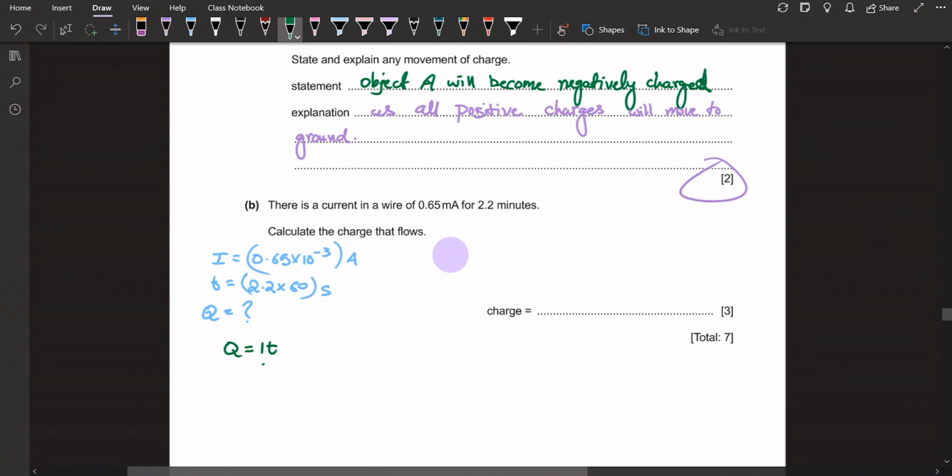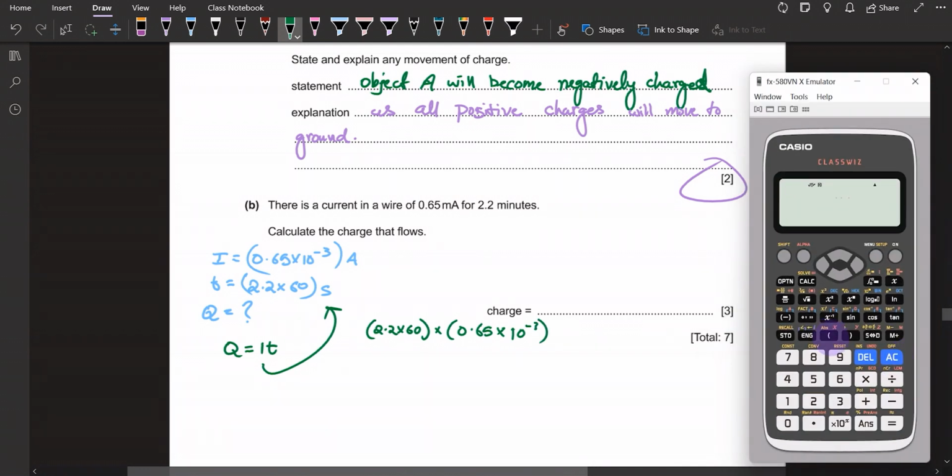So it's going to be 2.2 into 60 into 0.65 into 10 raised to the power minus 3, and our answer is going to be 0.058.